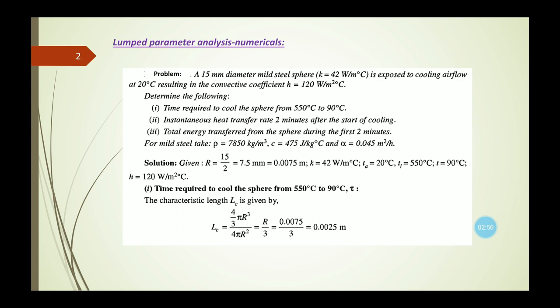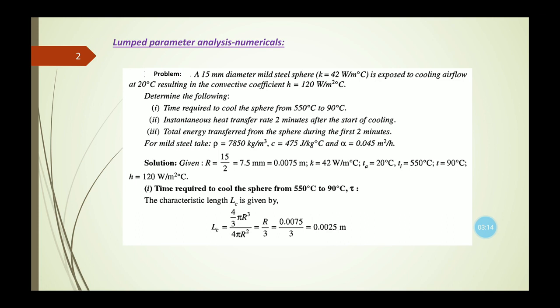The formula of the Biot number is hL by k, where L is the characteristic length. In that formula, the value of h is given in the question, 120, and k is given 42. That means we need to first calculate the value of the characteristic length, that is Lc.